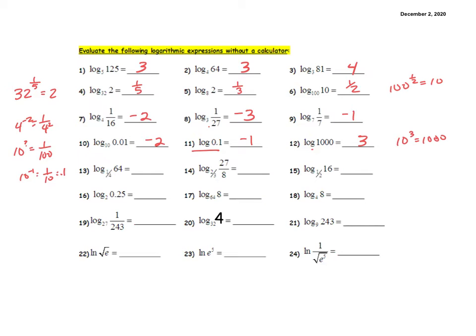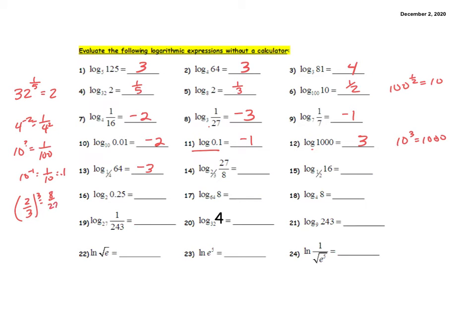The log base 1/4 of 64. Well, we know when we raise 1/4 to a power, like 2, it's going to be 1/16. 3 would be 1/64. So to flip that over, it needs to be a -3. Again, same thing with this. 2/3 cubed would be 8 over 27.